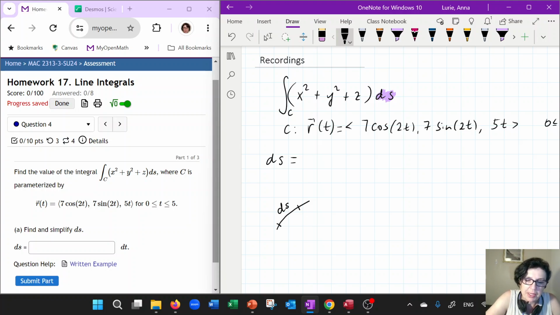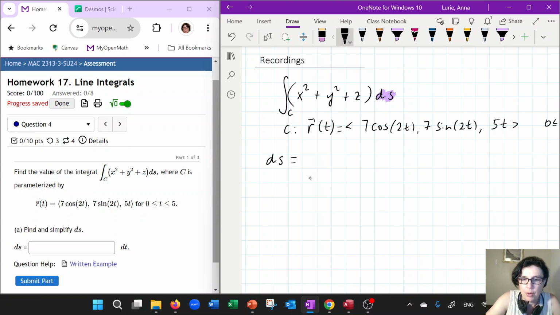If you approximate it by a straight line segment, and think of this as dx and this is dy, then from the Pythagorean theorem, dx squared plus dy squared is the same as ds squared.